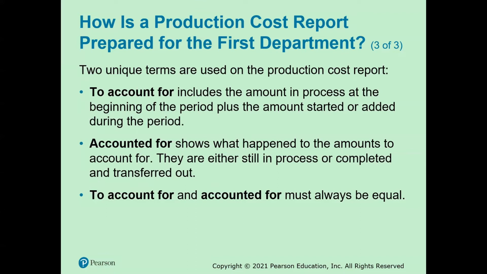They are either still in process or completed and transferred out. Now, these terms are used for both units and costs. To account for and accounted for must always equal.